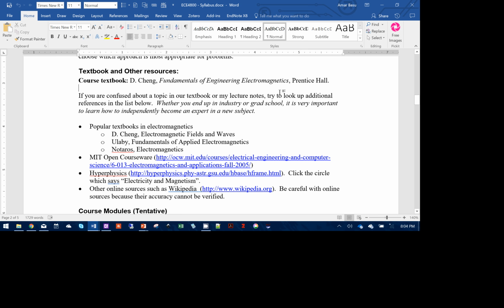It's going to be the book that I have here, Fundamentals of Applied Electromagnetics by Ulaby. A couple of years ago, we switched to this book, I should say. This is actually a similar book to what I used when I was an undergraduate. One of the nice things about this book is that it's actually quite concise.